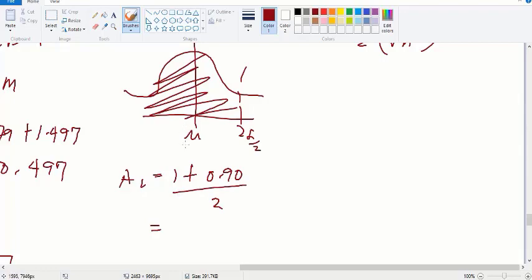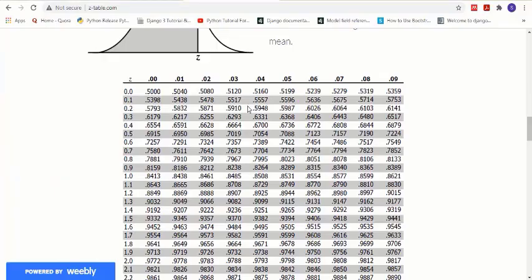So, using your calculator, 1 plus 0.9 divided by 2 is equals to 0.95. So, para makuha natin yung z value for that one, go back to this table, 0.95 hanapin.